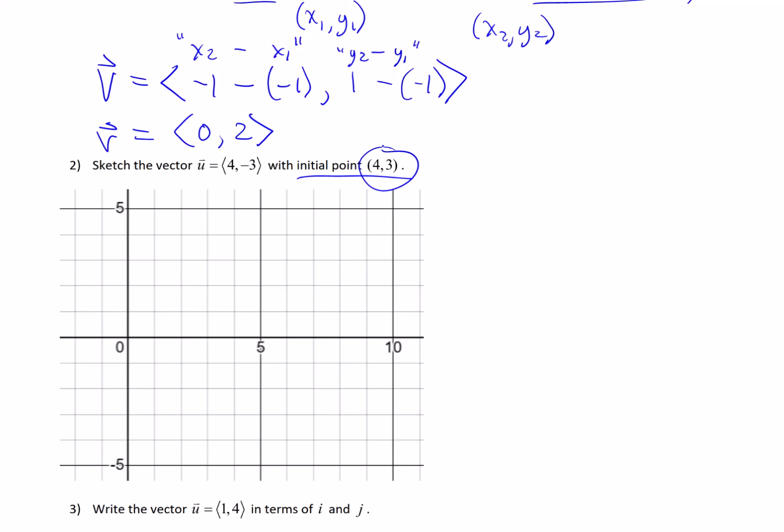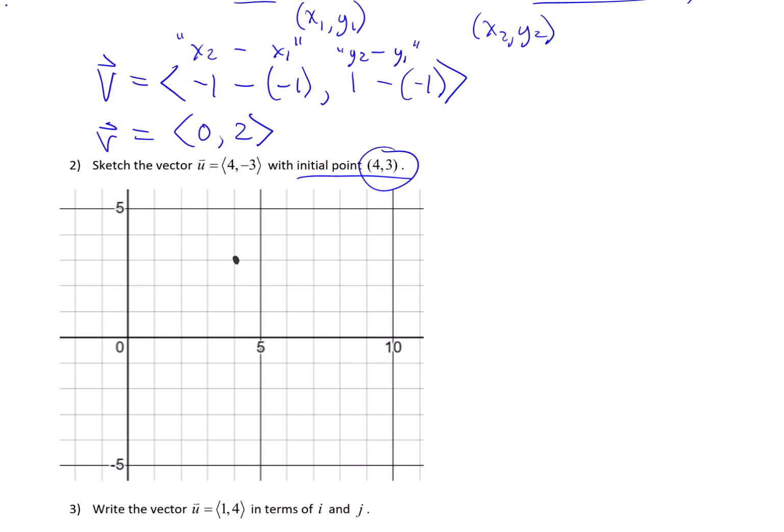So actually, we did an example of this above. You may go back and recall this. We're going to start by plotting the initial point of 4, 3. That means from the origin, 4 right, 3 up. We'll just put a little point there to represent where our initial point would be. It wasn't given a name, so we'll just put a dot there for it.